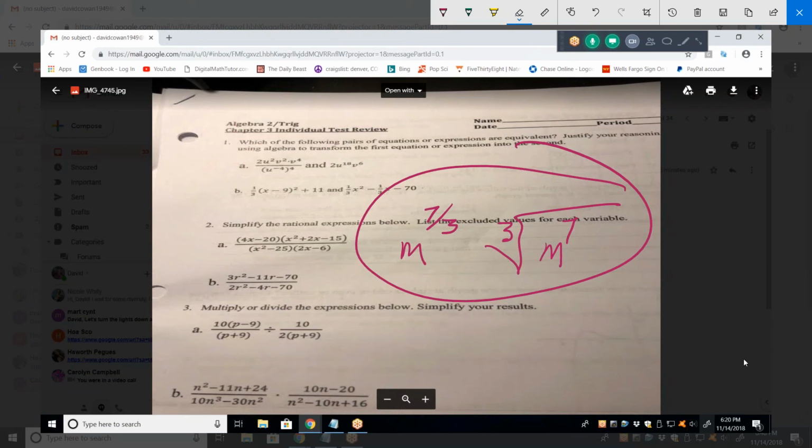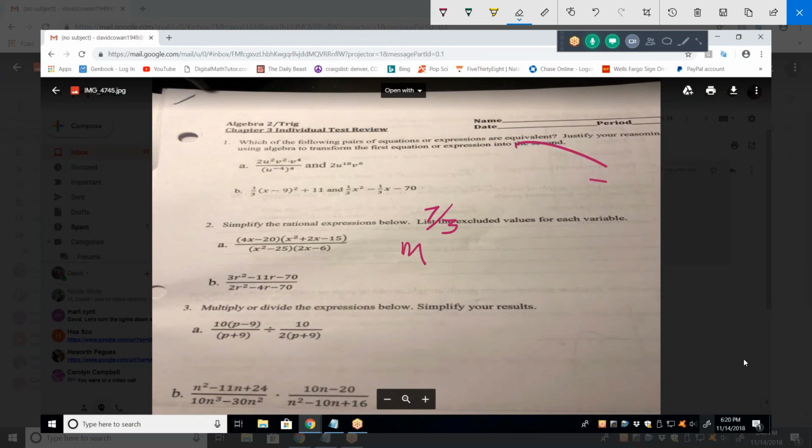And the best way to explain how to simplify that, I'm going to explain it two different ways. It's m to the 6/3 times m to the 1/3.